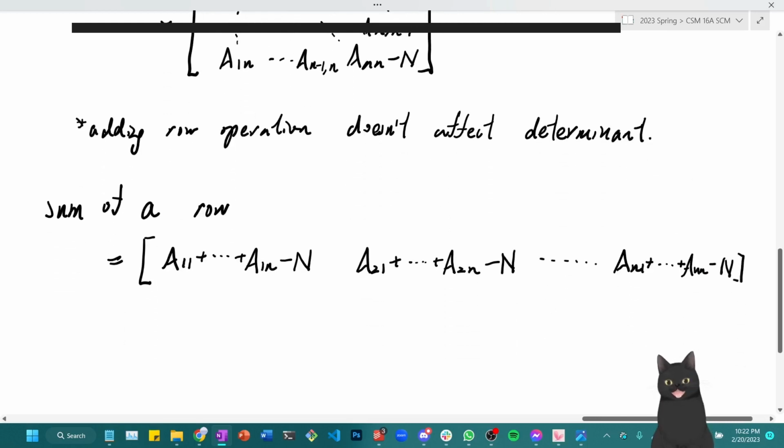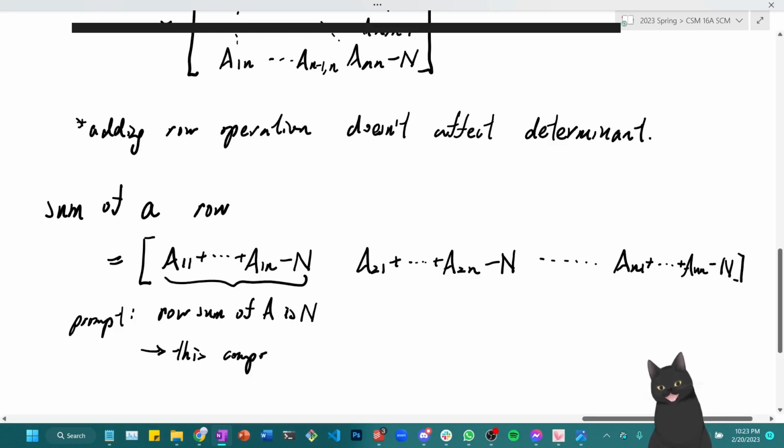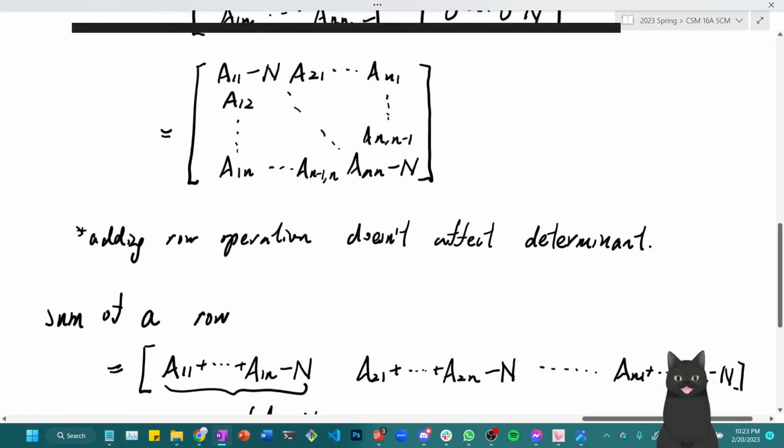All of these entries actually sum up to 0, because we know that the row sum of A is n, according to the prompt. So this component is 0, which means by adding all of the rows in this matrix together, we end up having a row of zeros.